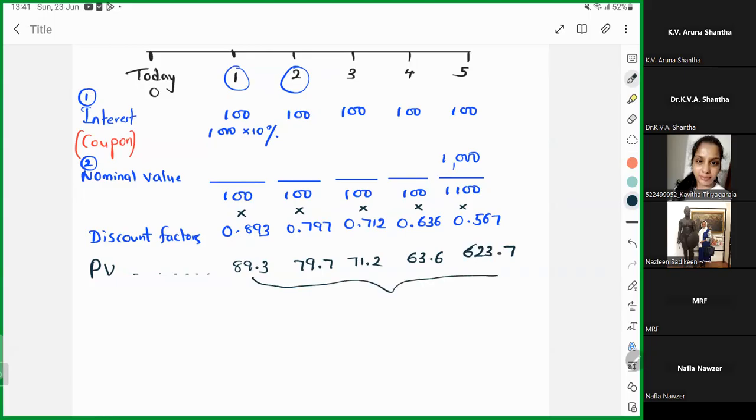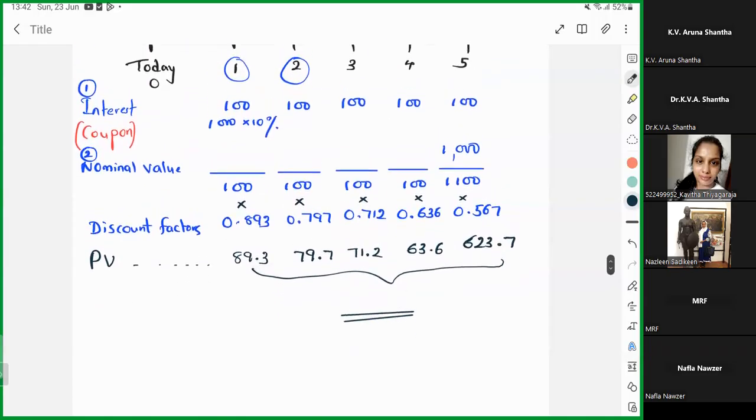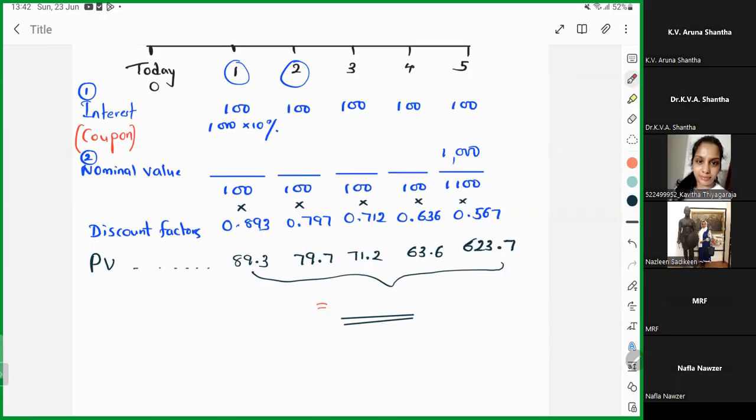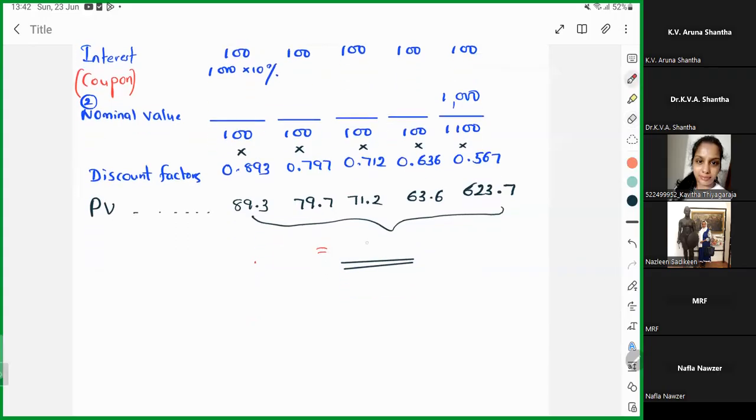Now get the total. That is the intrinsic value per debenture: 927.5. This is the intrinsic value of a debenture.